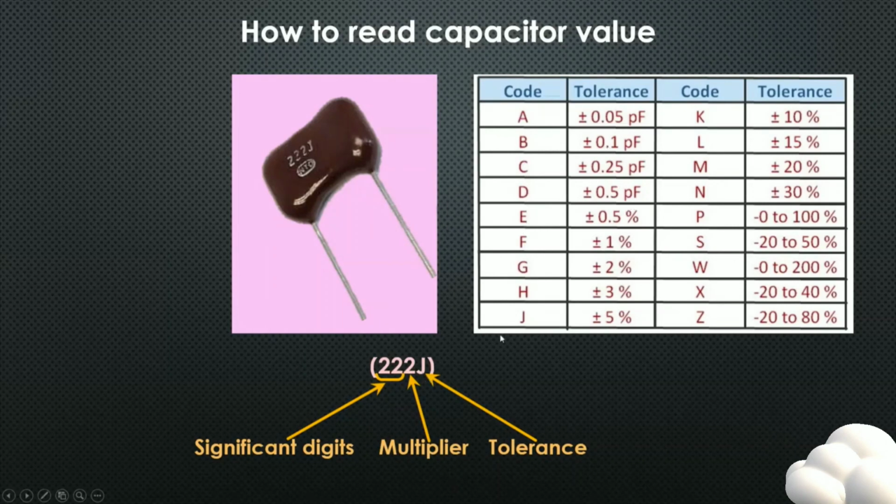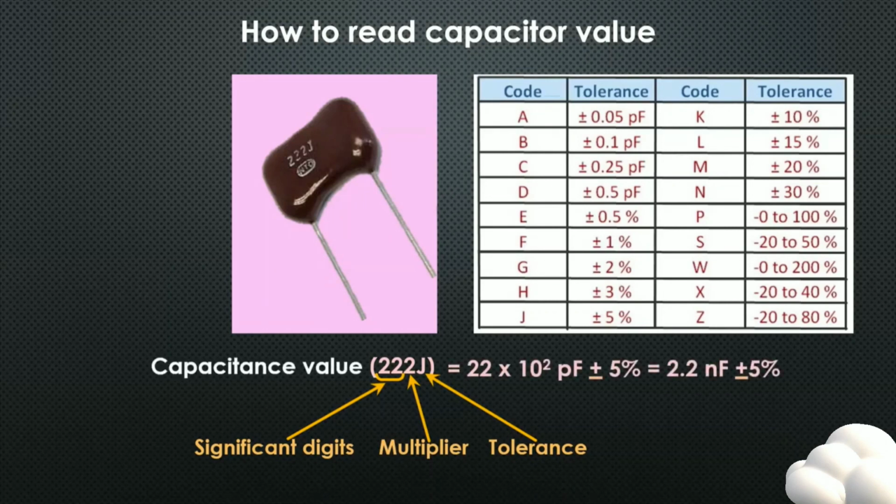There is a complete chart which indicates the tolerance level from A to Z, as shown in the figure. You can see the table. So this capacitance value will be 22 into 10 to the power 2 picofarad plus or minus 5%, which will be 2.2 nanofarad plus or minus 5%.